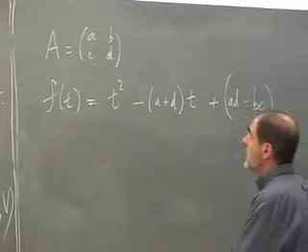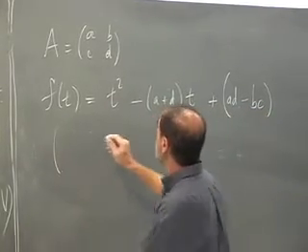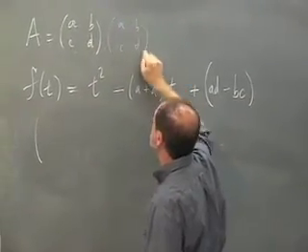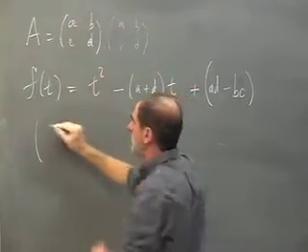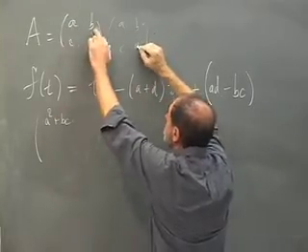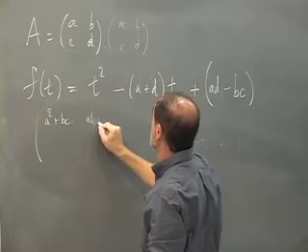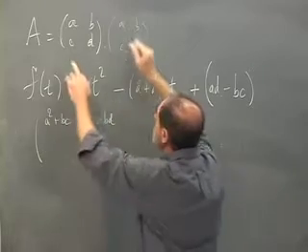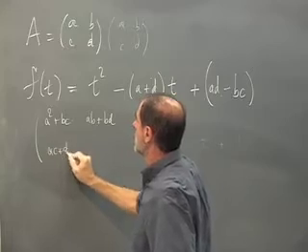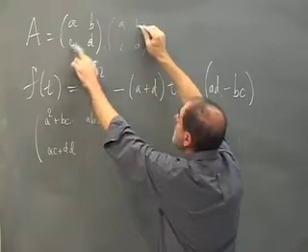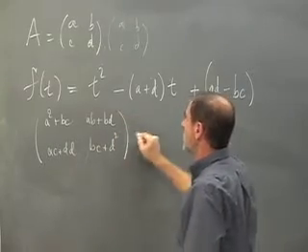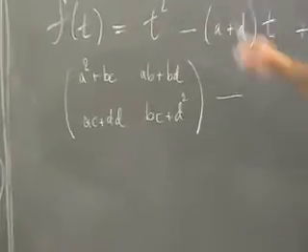Well, we have to calculate A squared first. So A squared, I'll put the matrix A, B, C, D here so I can actually do the multiplication, is A squared plus BC. And then the next term is AB plus BD. Right? And then it's AC plus DC. And then it's BC plus D squared. And then we have to subtract from that A plus D times that matrix.